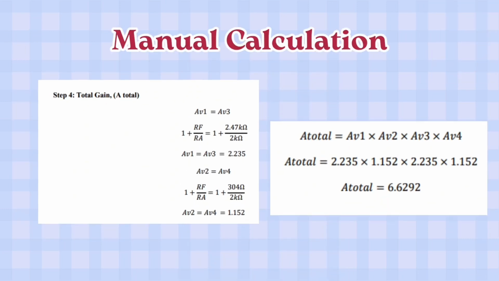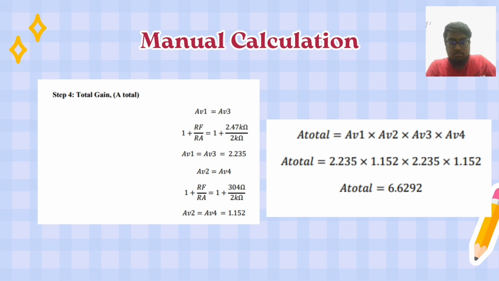Next step is to calculate the total gain. AV1 equals AV3, so 1 plus RF over RA. Just now we calculated 2.47 kilo ohm over RA, which is 2 kilo ohm. AV1 and AV3, we will get 2.235. So AV2 equals AV4.